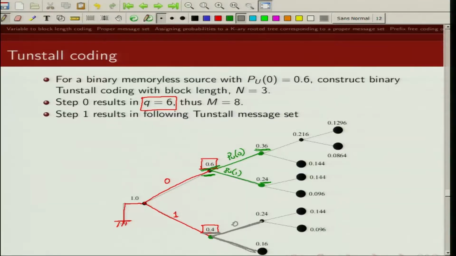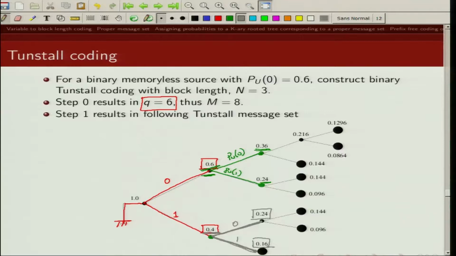This corresponds to letter 0, this corresponds to letter 1, and these probabilities we can similarly compute. It is 0.4 into 0.6 is 0.24 and 0.4 into 0.4, this is 0.16. So this is now the second extension of the extended root.